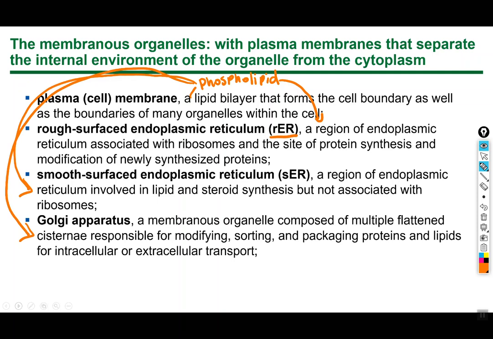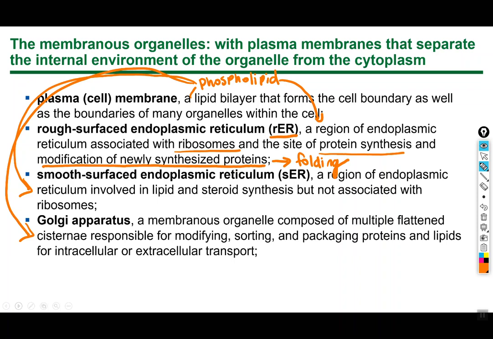So the RER is studded with ribosomes, so they sit in the membrane, and it's a site of protein synthesis. It also provides a safe space for newly synthesized proteins to fold correctly, and an apparatus by which proteins that are misfolded can get a chance to refold correctly, which is pretty important.